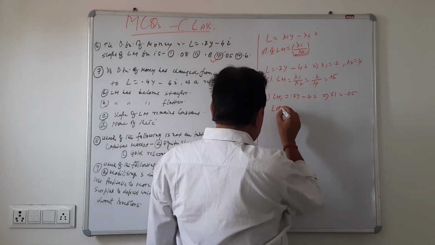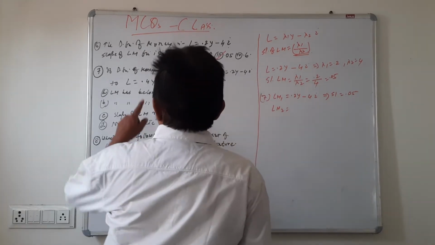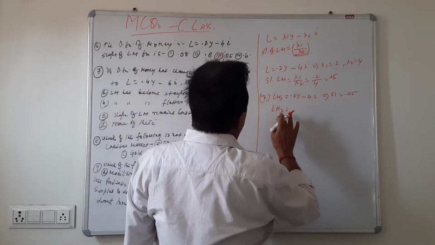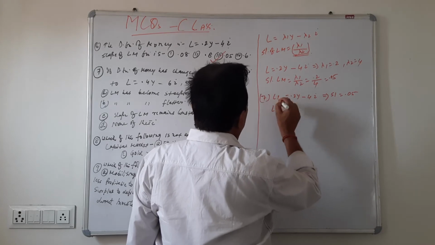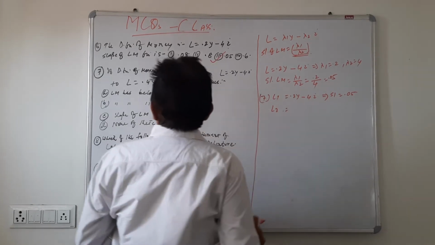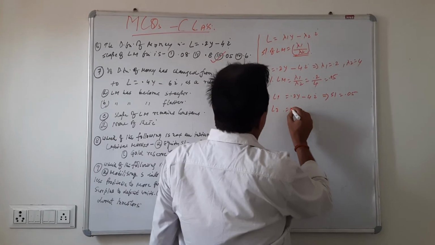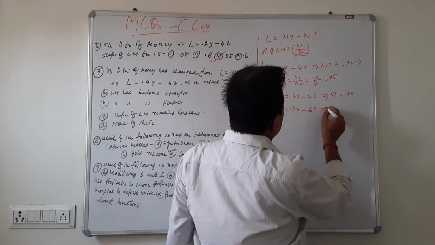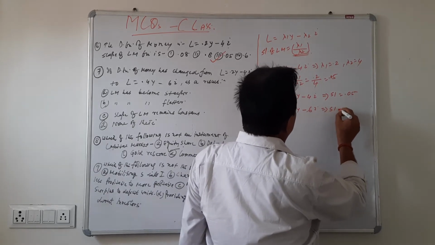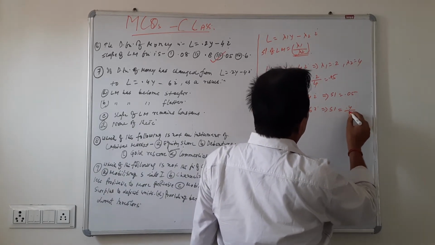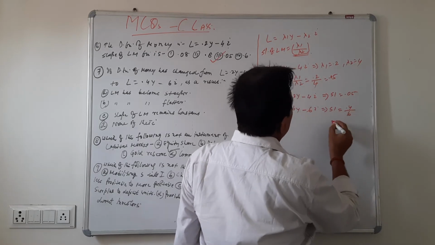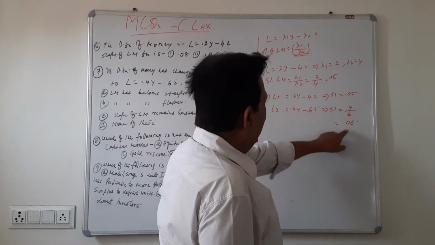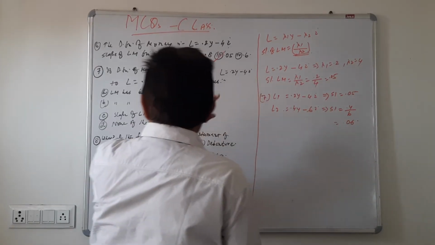This LM1 has shifted to LM2, and the demand curve of money has shifted from L1 to L2, which is 0.4y minus 6i. Its slope is 0.4 by 6, that is 0.06. So the slope has increased, so the LM curve would become steeper.